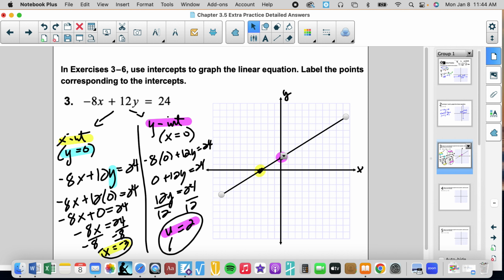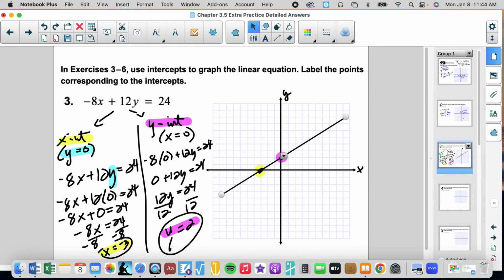All right, let's draw some arrows. And let's label. So we have negative 3, 0, and we have 0, comma, 2. Good. Graph a line, label the points corresponding to the intercepts. So labeling the points, it looks like that.